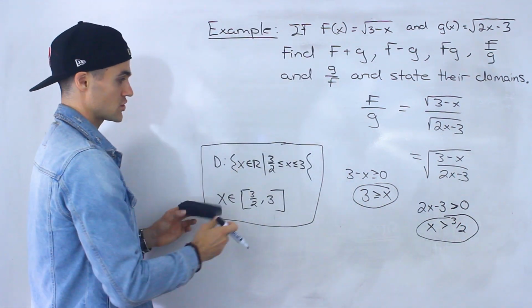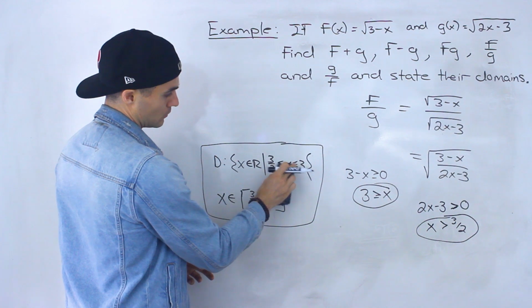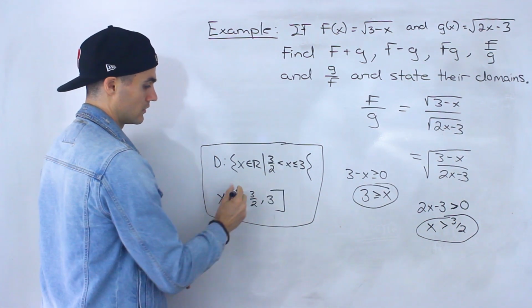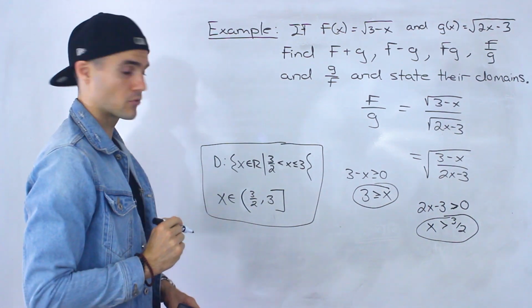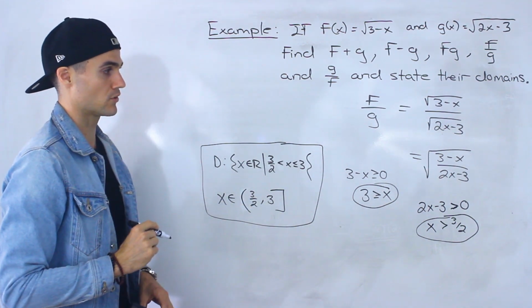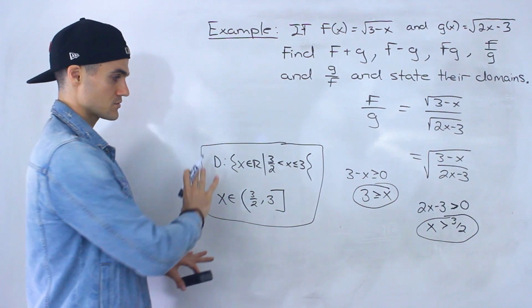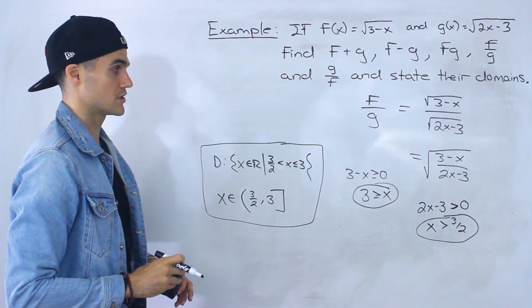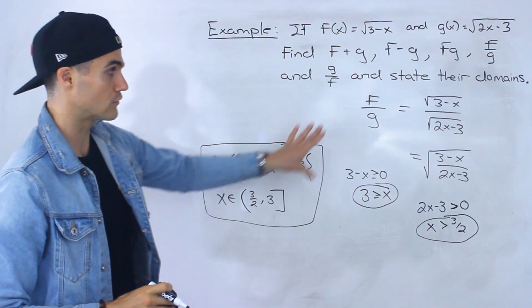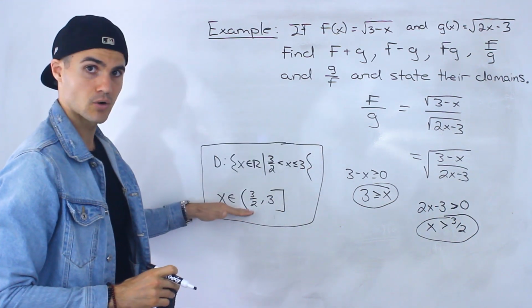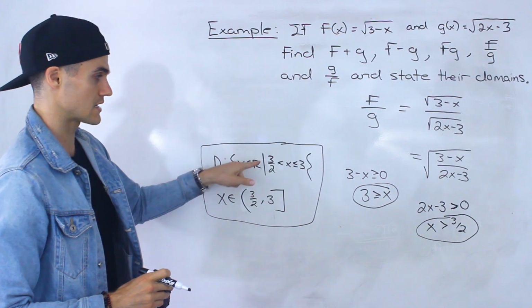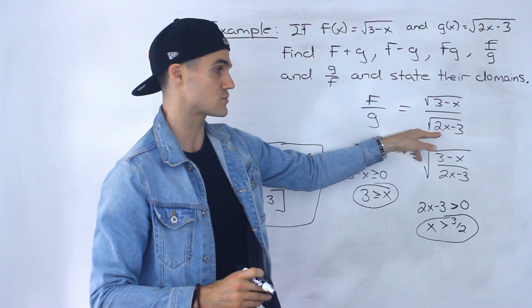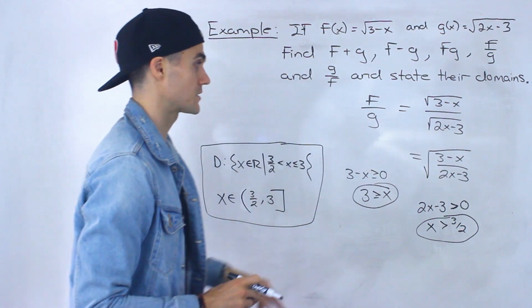And so that would change the domain, because now we would have x is greater than 3/2, and this wouldn't be a square bracket anymore. It'll be a round bracket, because it's not inclusive of the 3/2. Right? So just a slight change in the domain, but nevertheless it is a change. The domain for this is going to be different, because it's not inclusive of that 3/2, since that x value 3/2 is going to make the denominator equal to 0.